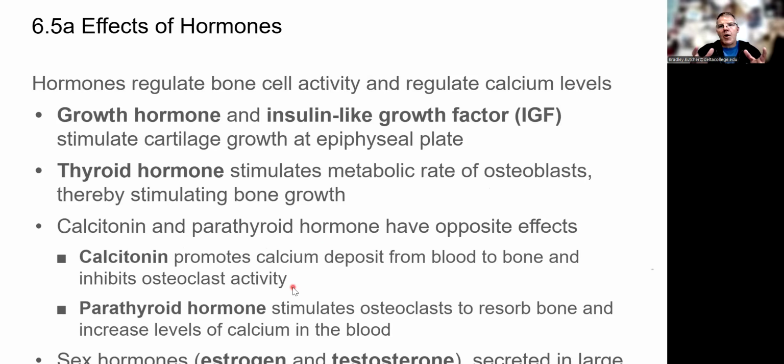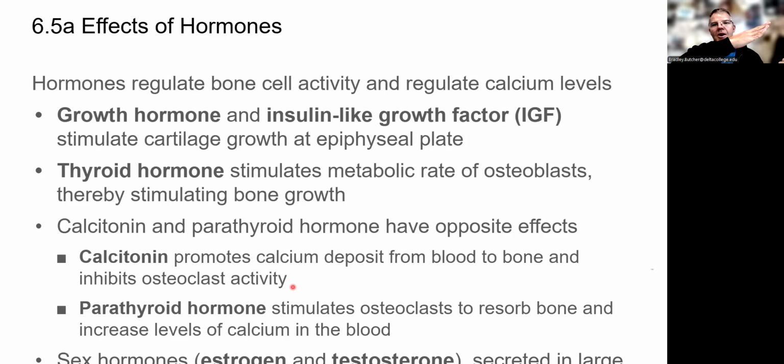So if we think about homeostasis as maintaining a balanced environment, you can put calcitonin on one side and parathyroid hormone on the other side. If we are high on calcium in our bloodstream, calcitonin will be released.